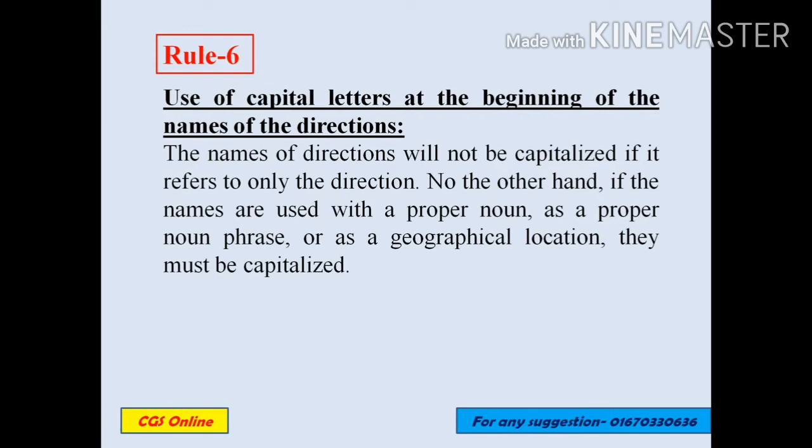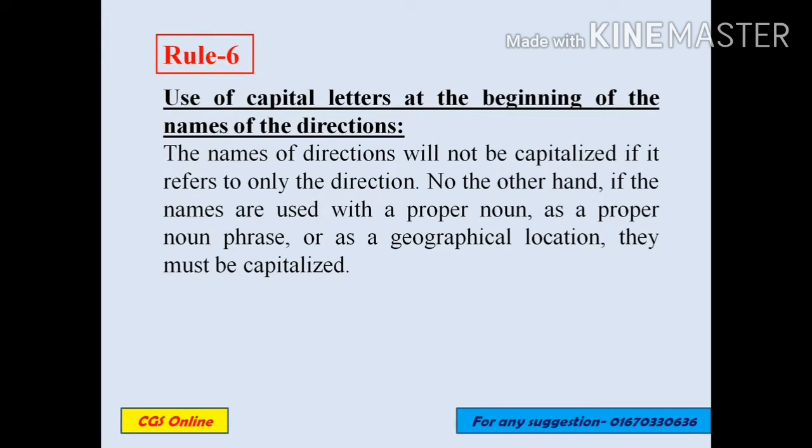You can write the names of directions both ways, with a capital letter and without. But there is a system of writing it. The name of a direction will not be capitalized if it refers to only the direction.